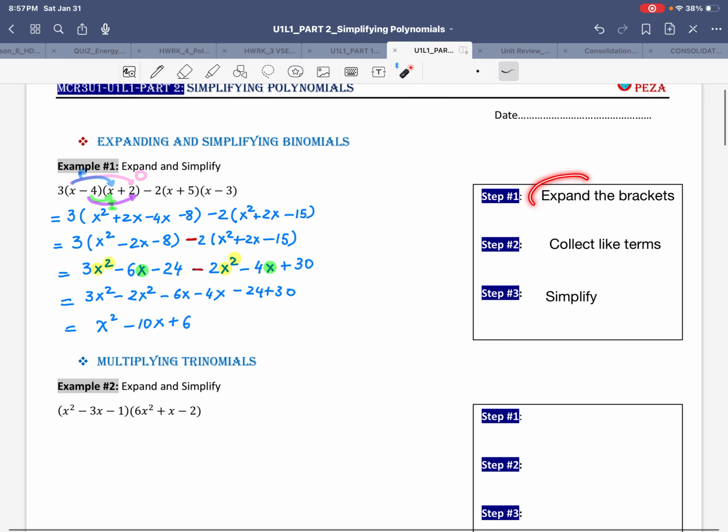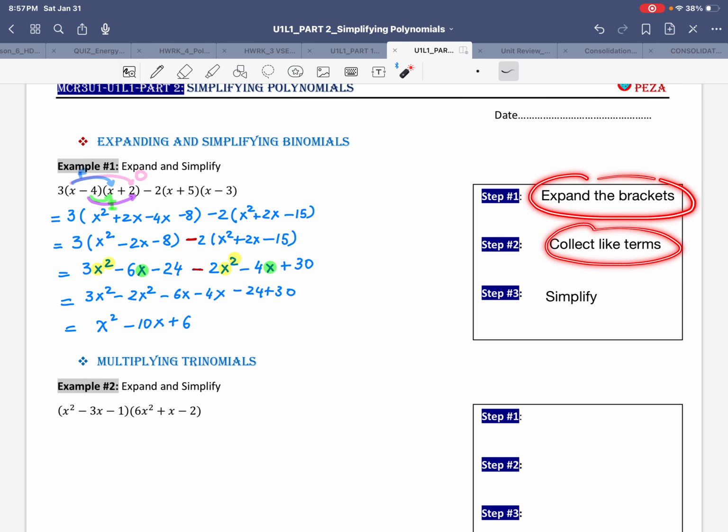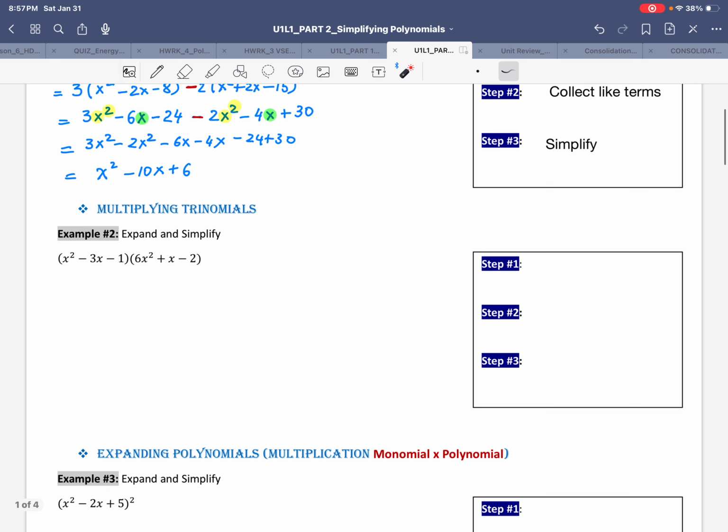So I wrote the steps on the side in here. And I encourage you to use any words or mnemonics that make sense to you, anything that makes things more memorable to you.